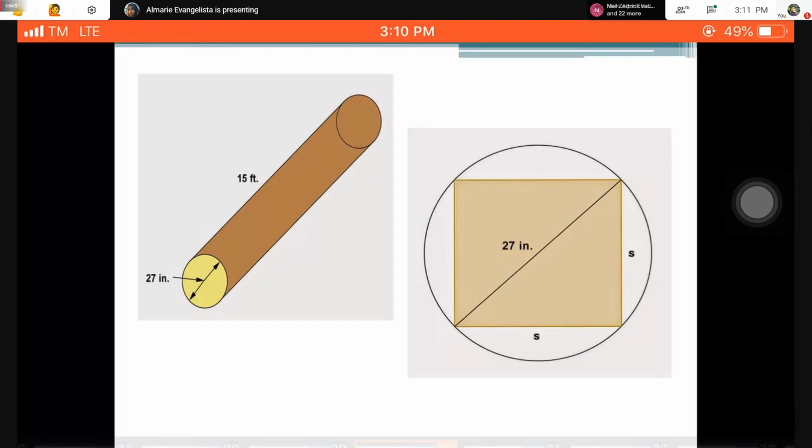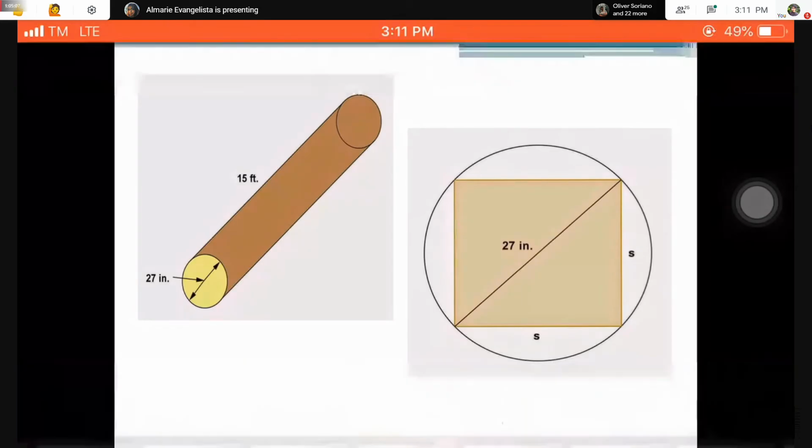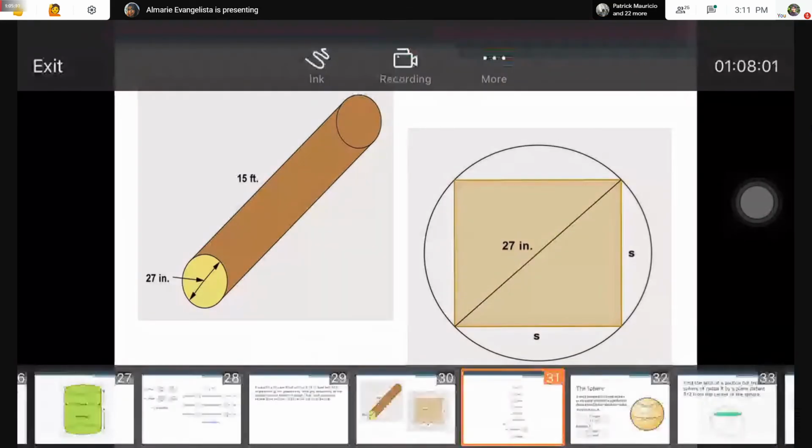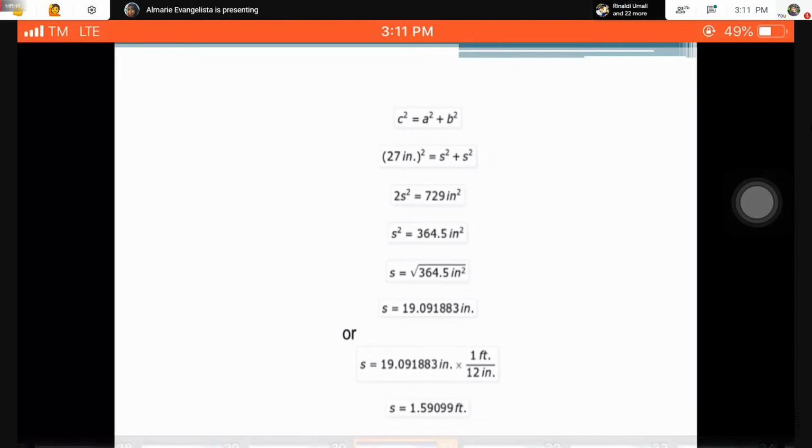Sige, explain ko na lang. Pakita ko na. Kita nyo yung slide? Sabi ko, gagamit tayo ng Pythagorean theorem. Ang pinaka-isasolve lang natin dito is yung section nung log na in-indicate dun sa problem.